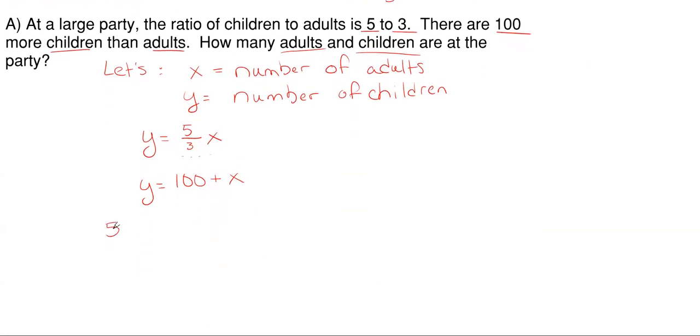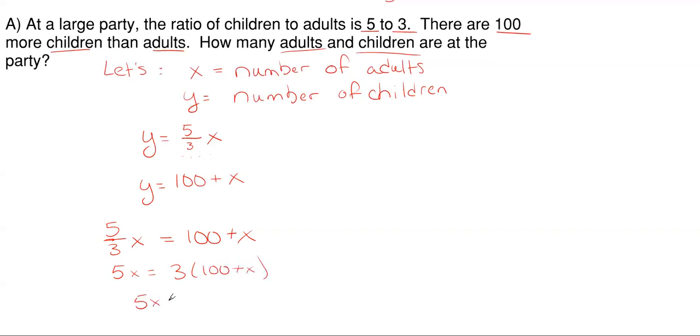We would get 5/3 x is equal to 100 plus x. Well, we have one single equation here in terms of one variable x, and we can solve for that. So let's go ahead and multiply everything by 3. So this would be 5x is equal to 3 times 100 plus x.